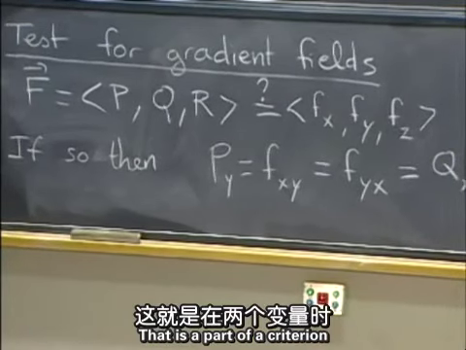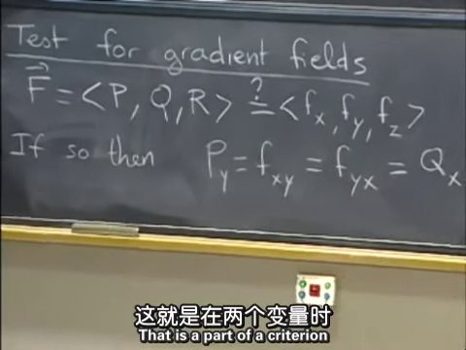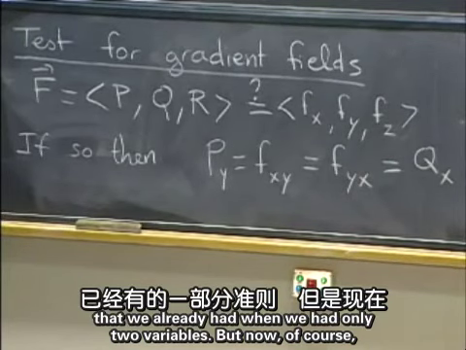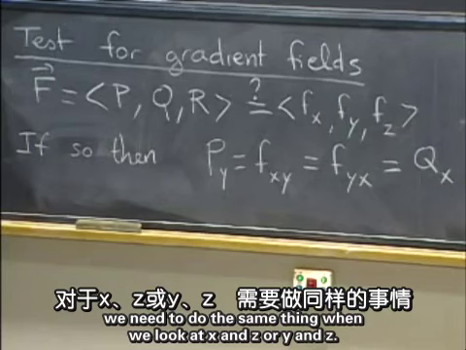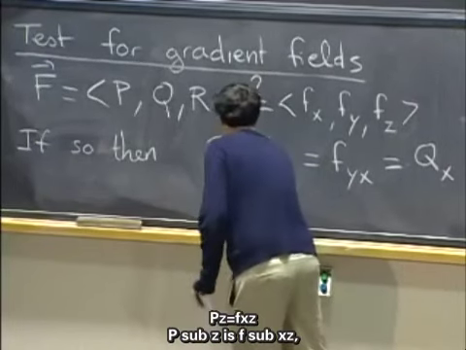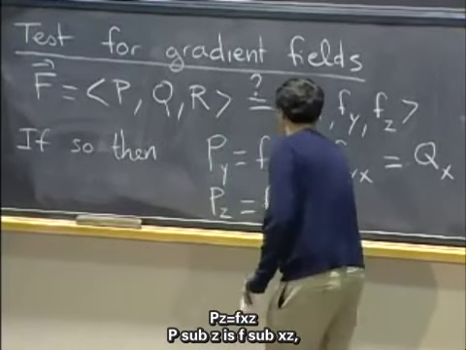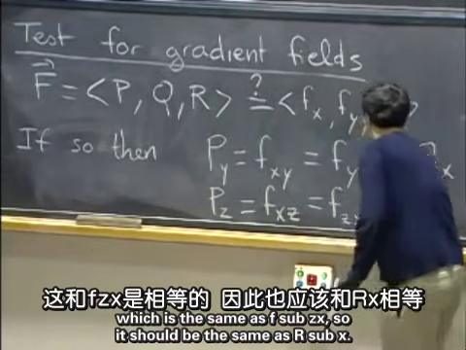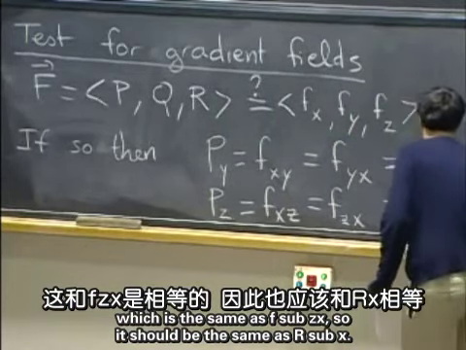Okay, so if you want, that's the part of the criterion that we already had when we had only two variables. But now, of course, we need to do the same thing when we look at x and z, or y and z. So that gives us two more conditions. So p sub z is f sub xz, which is the same as f sub zx, so it would be the same as r sub x.